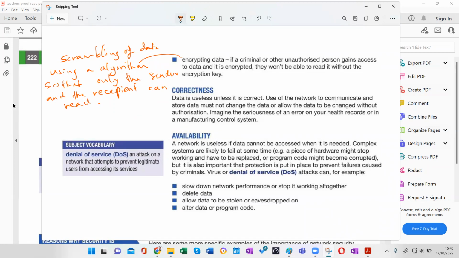Write this, okay? Only those two parties can read. For others, it doesn't make sense.